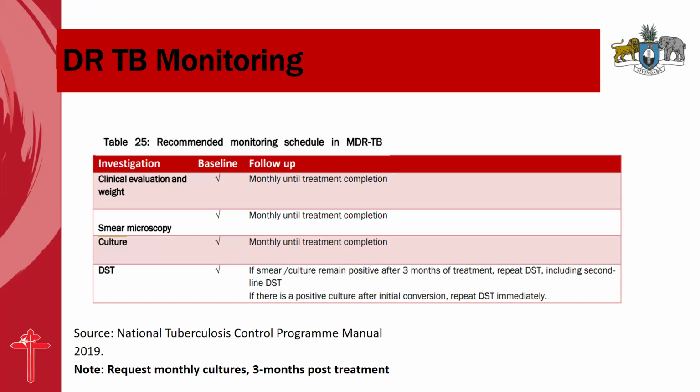If the smear or culture remain positive after 3 months of treatment, the recommendation is to repeat the DST, including the second-line DST. If there is a positive culture after initial conversion, the DST is to be repeated immediately.